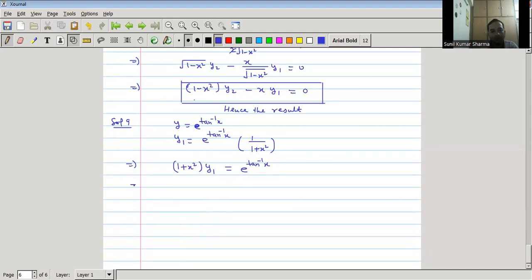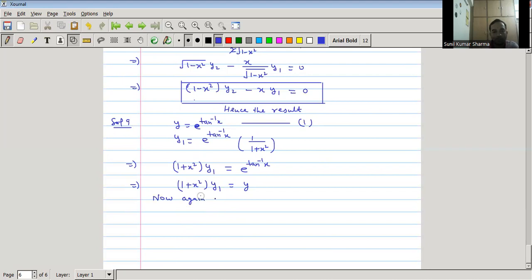So we can differentiate again by using the same, or you can also write this as (1 plus x square) into y1 equal to y, because y is equal to e to the power tan inverse x. So in place of e to the power tan inverse x, we can write y. Now again differentiate.